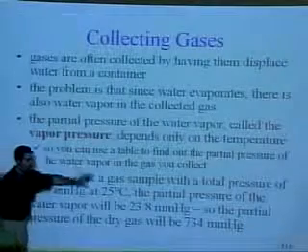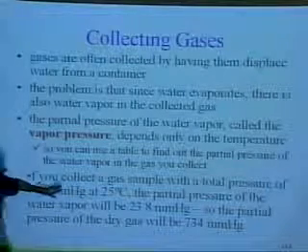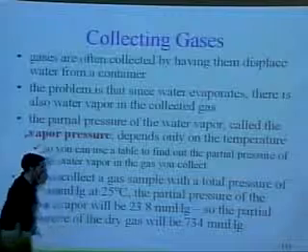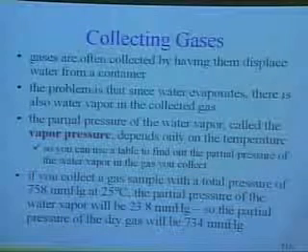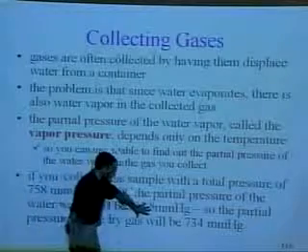Now, what that means is, if you collect a gas sample with the total pressure of 758 millimeters of mercury at 25 degrees Celsius, you know that the pressure of water vapor in that case is 23.8 millimeters of mercury, according to this chart.